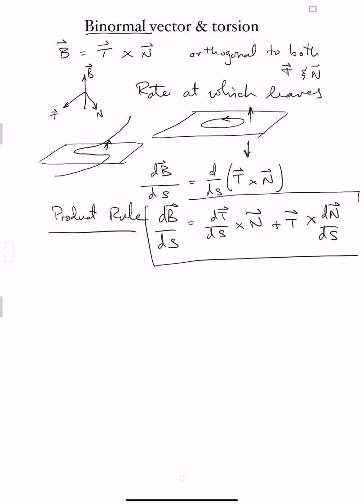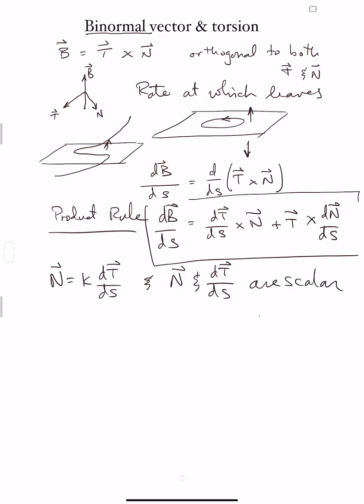We know that the normal vector, as we just found out, is the curvature times the change of the tangent vector with arc length, and that the normal vector and this change of tangent with arc length are scalar multiples.